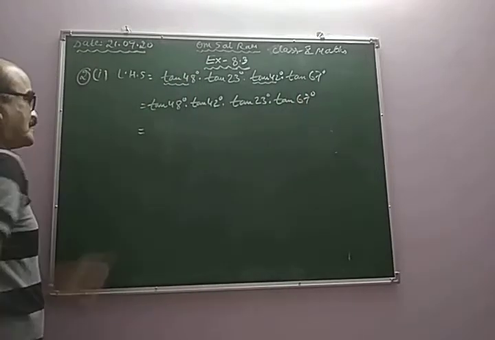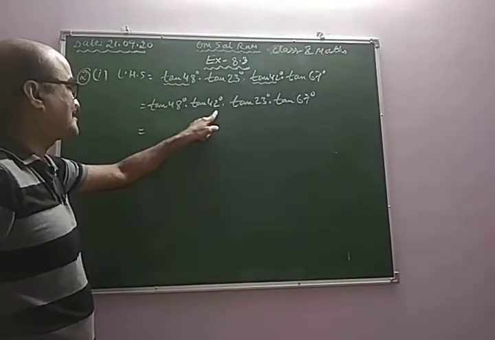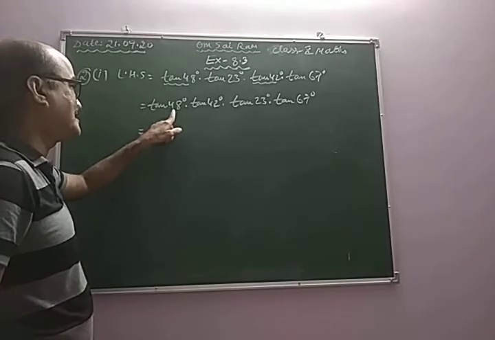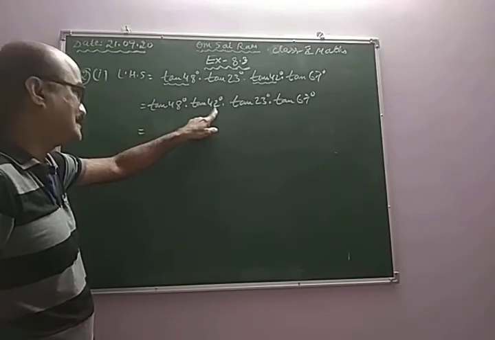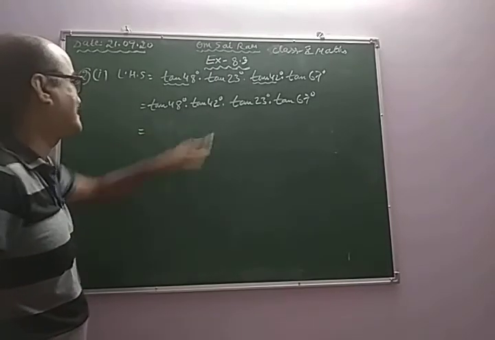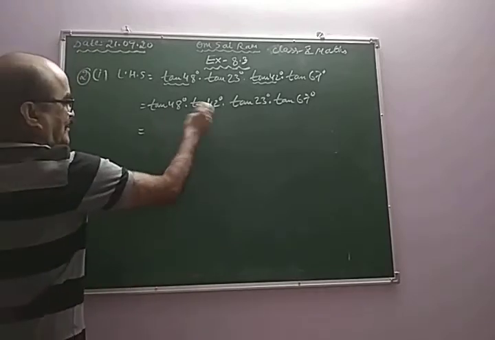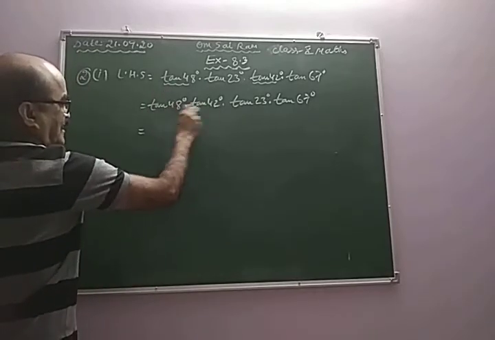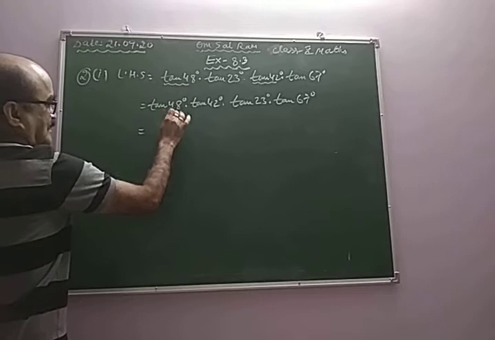So these are the complements of each other. Either you can change this into its complement, or you can change this into its complement, right? So you can take any one of the angles. So I am taking this angle.